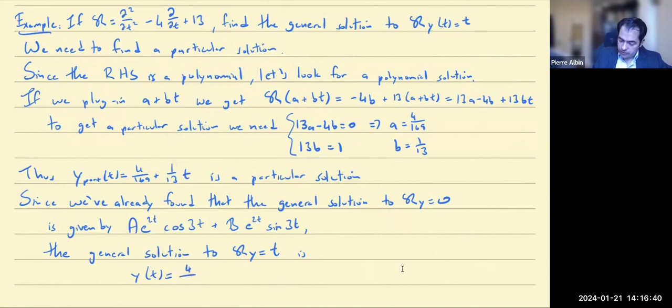So this one, 4 over 169 plus 1 over 13 times t, plus the general solution to the homogeneous system. Okay, we'll stop there and pick it up from there next time.